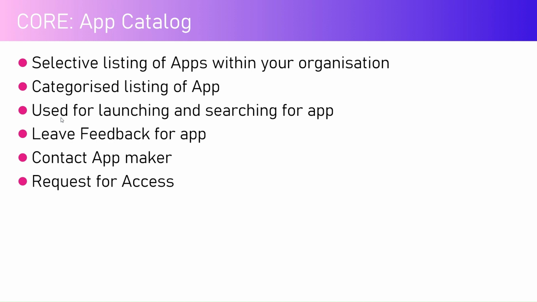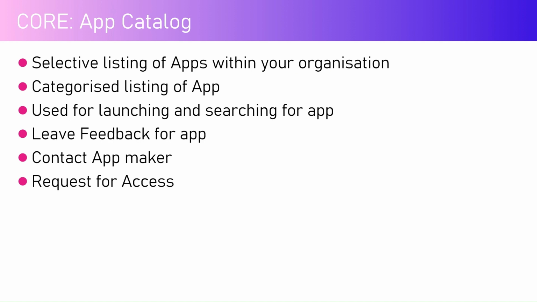Now, this app can be selectively listed, and it can be filtered by your testing team, and once the testing team has passed the validation, then you can promote the app and show it in the app catalog. In this app, you can also leave feedback for the makers, you can contact the app makers, and in case you do not have access, you can also request for it.